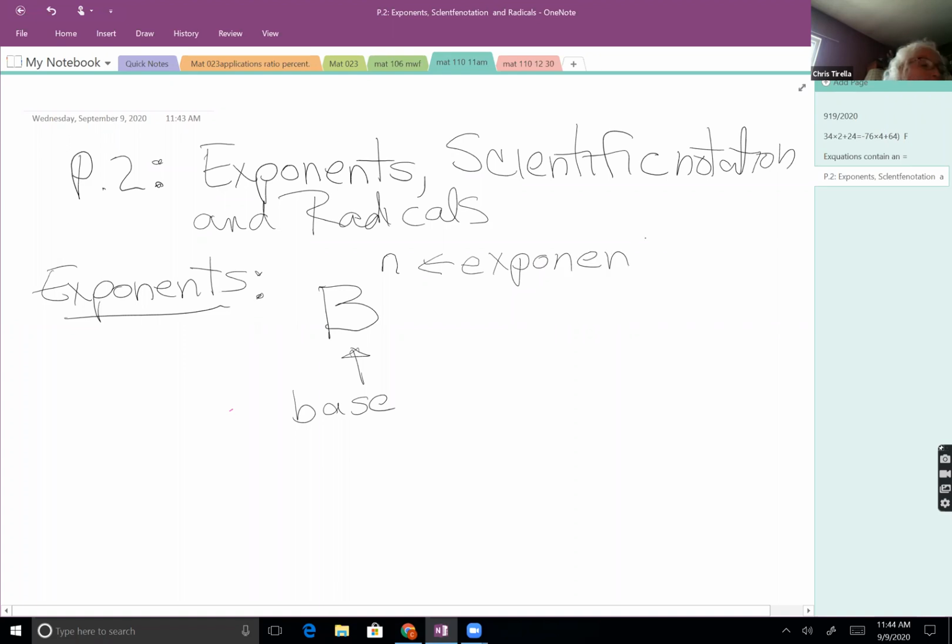And if N is a natural number, is everybody all right that that's shorthand for just repeated multiplication?